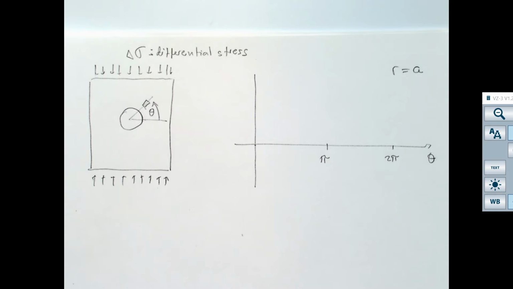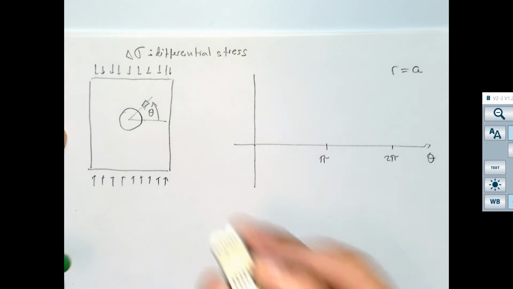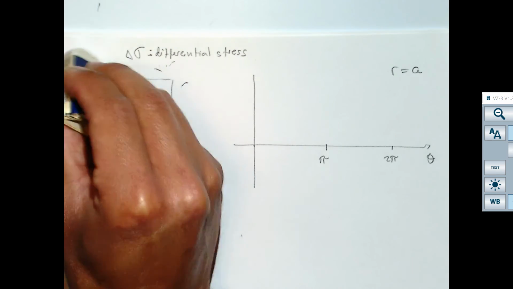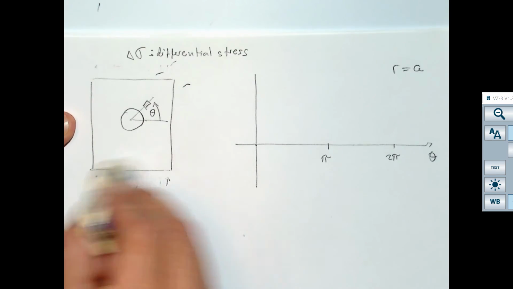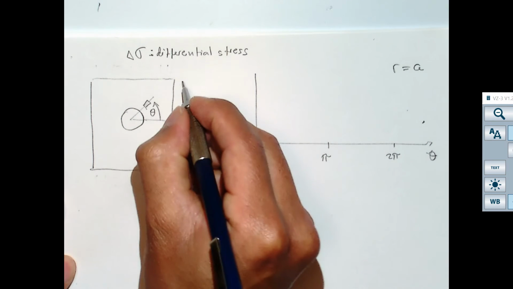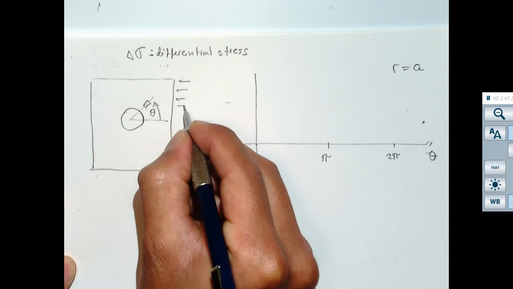Let me change something so I keep it the same as in the notes. Actually, let's put these stresses. It's the same thing, okay? It's just a definition of theta, just to be consistent. Let's put it sideways.